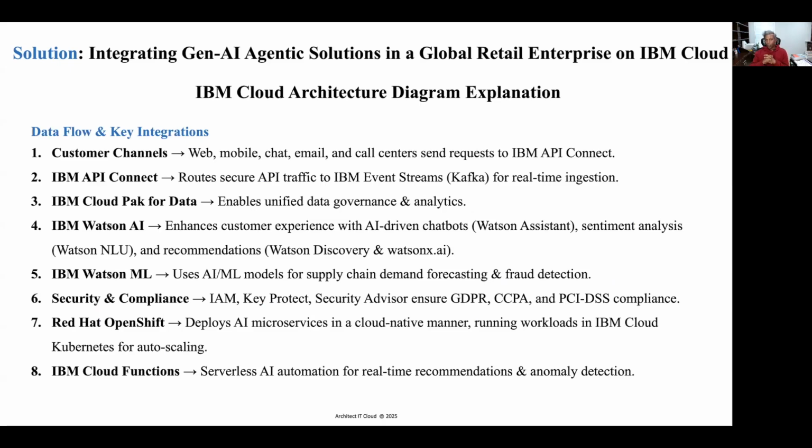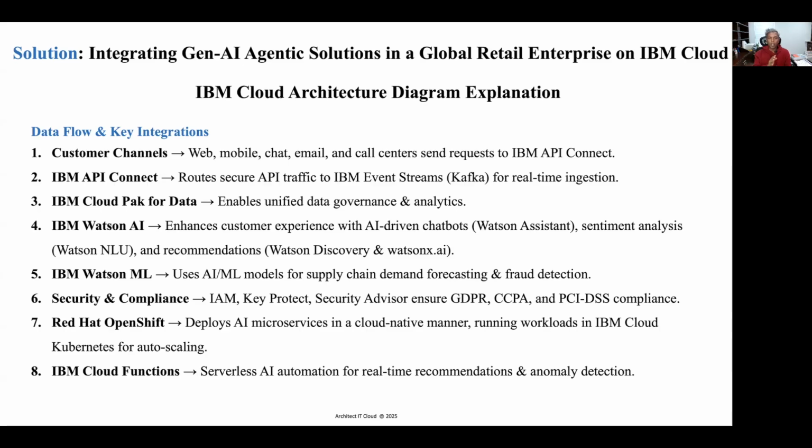So here is the flow. The customer channels like website or mobile, chat, email, these are all the areas where data comes from the customer side, and the data will pass to the IBM API Connect service that we picked for this use case, because we need to have the REST API to consume that data and pass it to the data sources or data component.